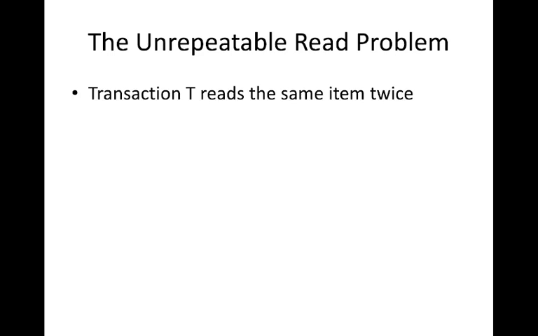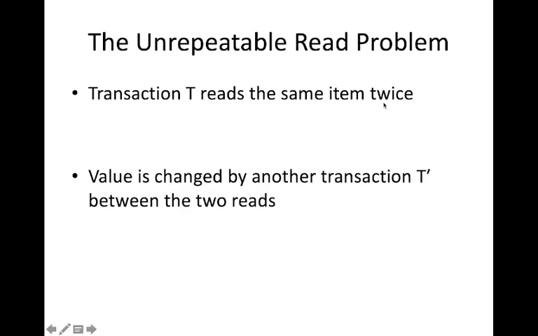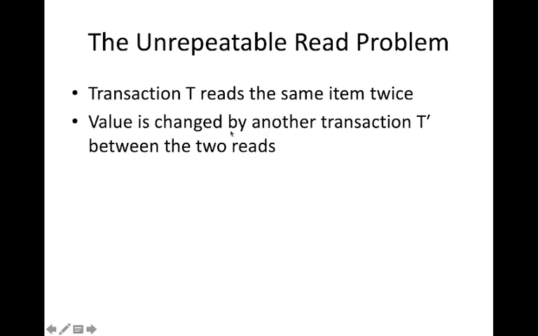Then the fourth problem is the unrepeatable read problem. This occurs when a transaction T reads the same item twice, and the value of that item is changed by another transaction T dash between these two reads. So we have a transaction that reads the same item twice, that is read item of X and read item of X. Two operations are there.